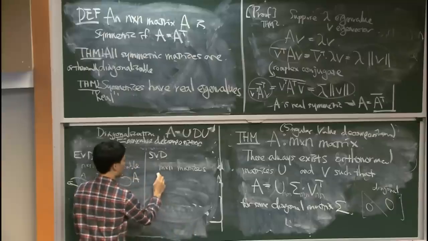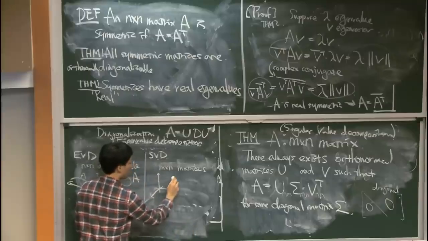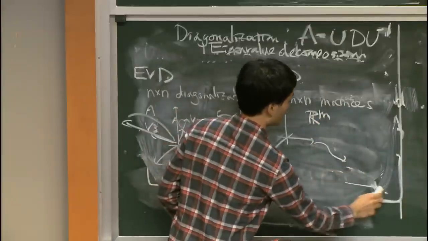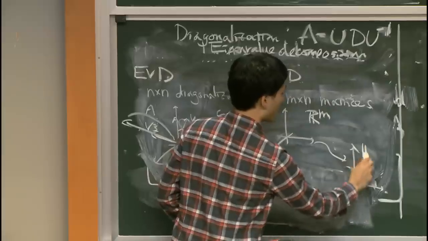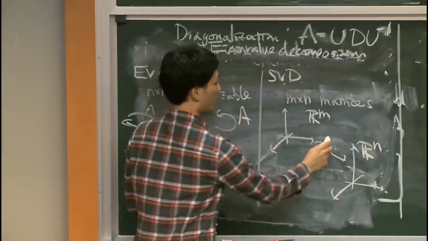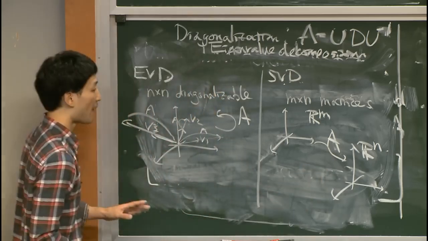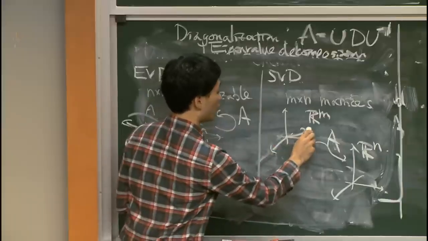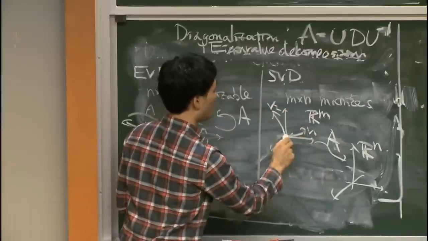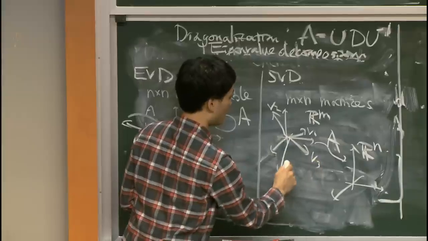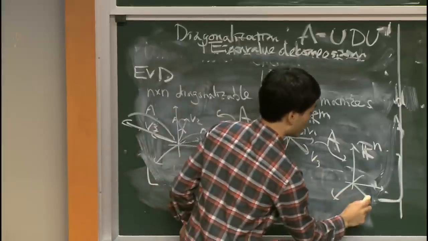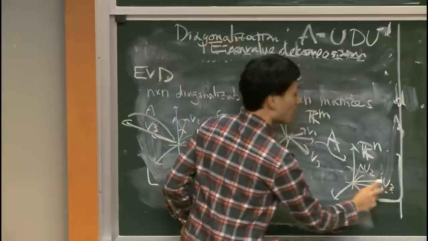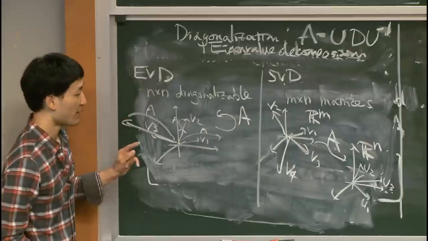What you have instead is, first of all, the spaces are different. You take a vector in R to the m and bring it to R to the n by this operation A. What's going to happen is there will be one frame in here and one frame in there. There will be vectors V1, V2, V3, V4, and there will be vectors U1, U2, U3 here.